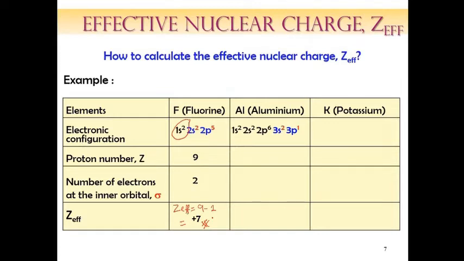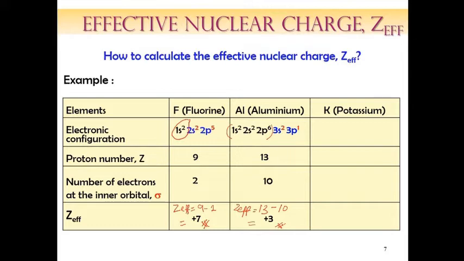For aluminium, the electronic configuration is 1s2, 2s2, 2p6, 3s2, 3p1. The proton number of aluminium is 13, and the number of electrons in the inner orbital is 10. The inner electrons we get from 1s until 2p6. The effective nuclear charge for aluminium is 13 minus 10. We get positive 3.